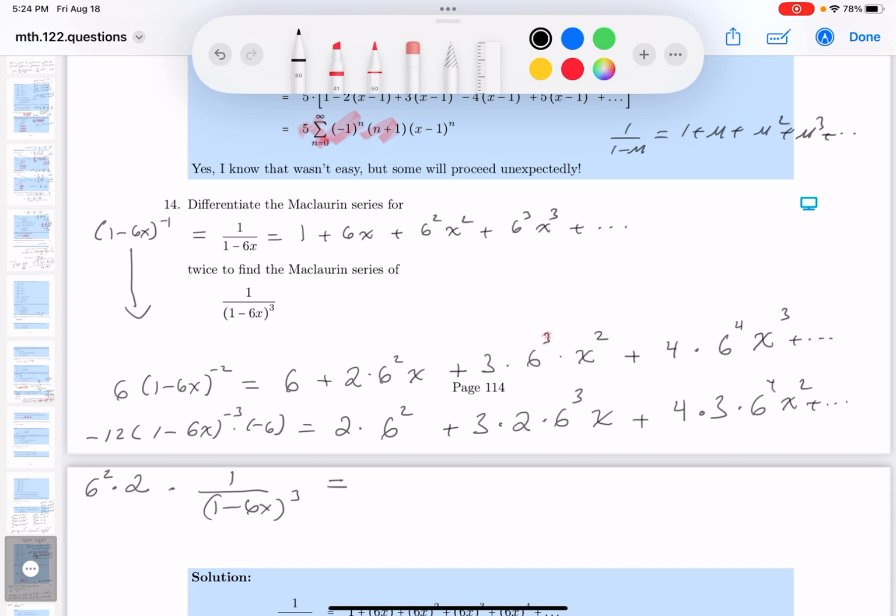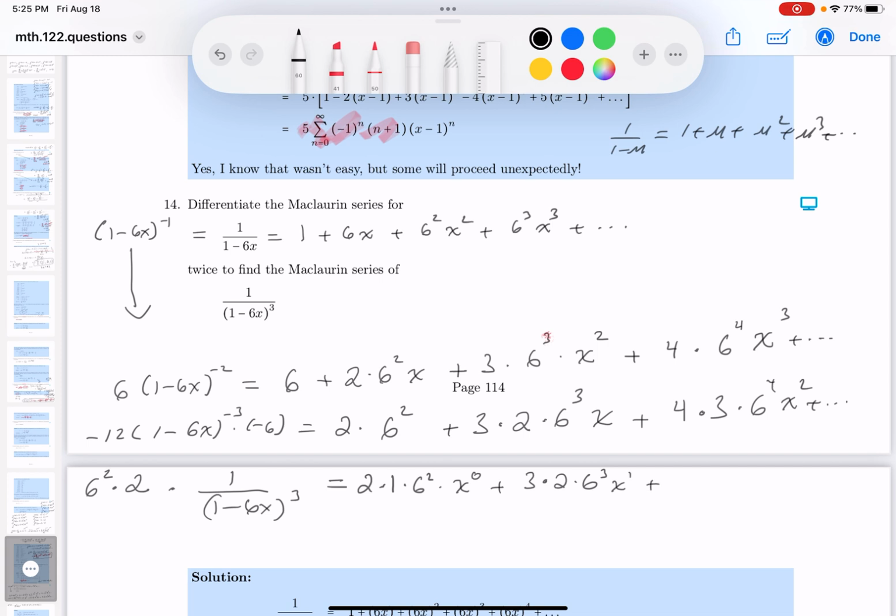All right? So let me write that down. 2 times 6 squared, plus 3. You know what? I want them all to look sort of the same. So I'm going to erase this over here. I'm going to say 2 times 1. And I'm going to say there's no x there. And I'm going to say this is 3 times 2, 6 cubed, and there's 1x.